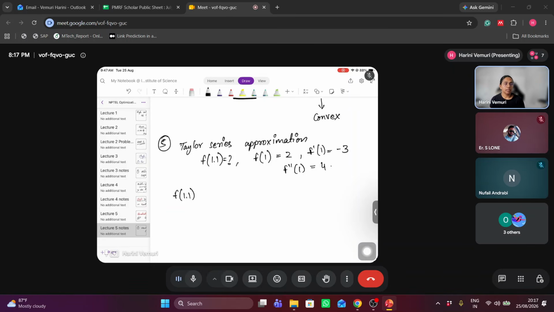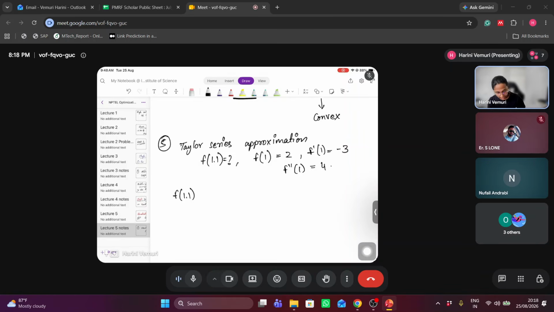It's a single variable function, f of x. They have given us f of 1, f dash of 1, f double dash of 1 values, and they are asking what is the Taylor series approximation value of f of 1.1.